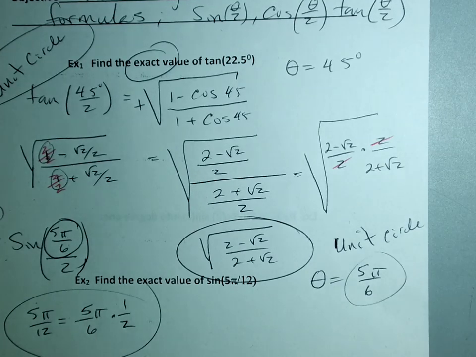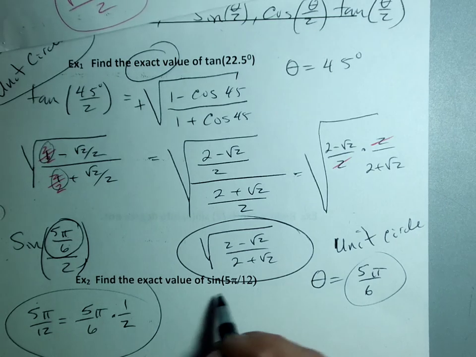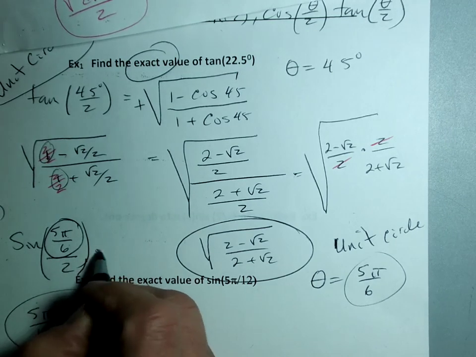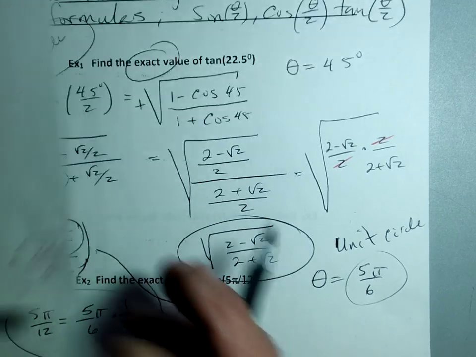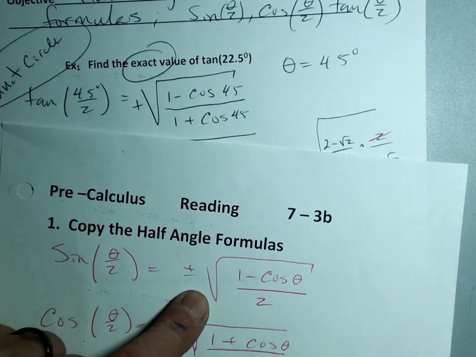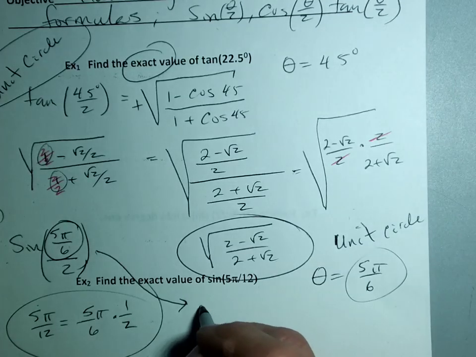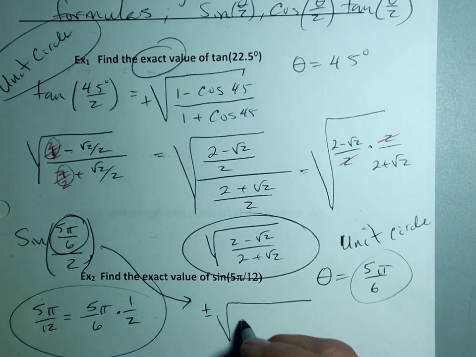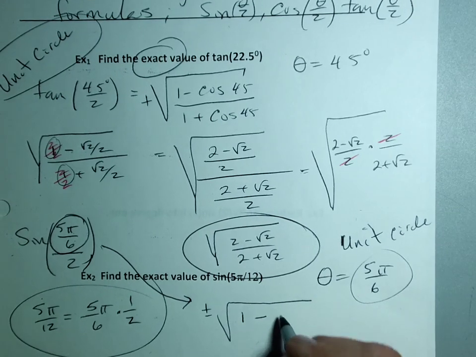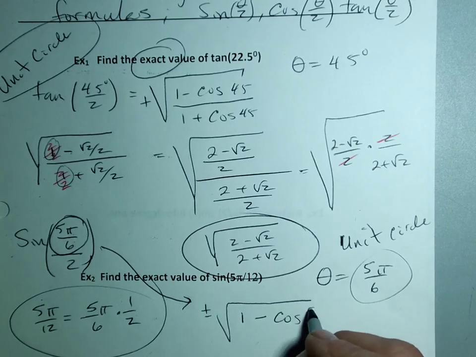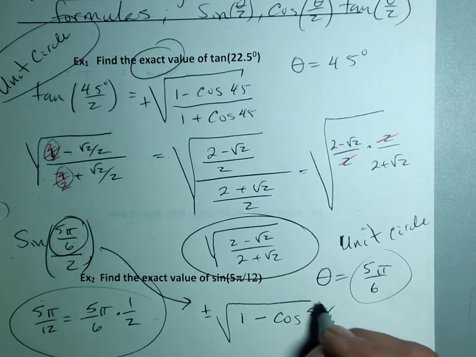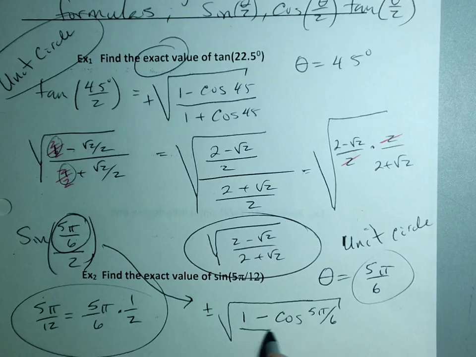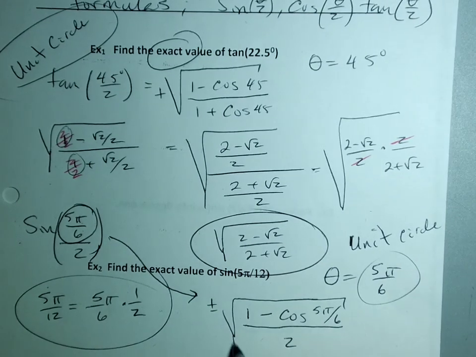So my formula is, sine of my half angle is going to be plus or minus the square root of (1 minus cosine of 5 pi 6, because that's my angle) all over 2, all right?